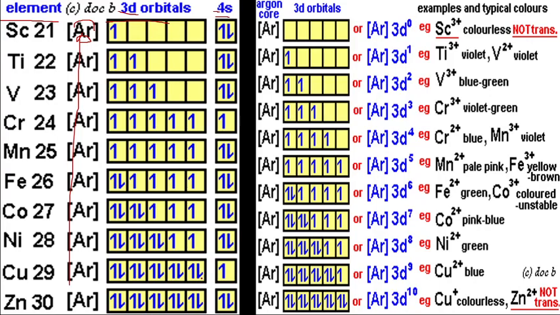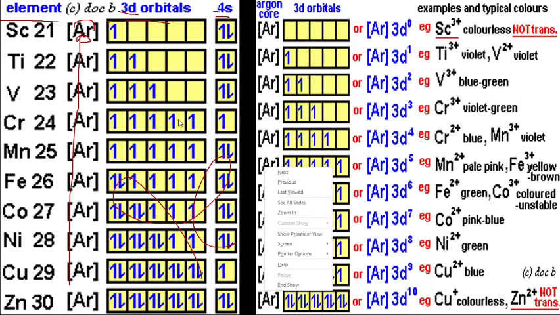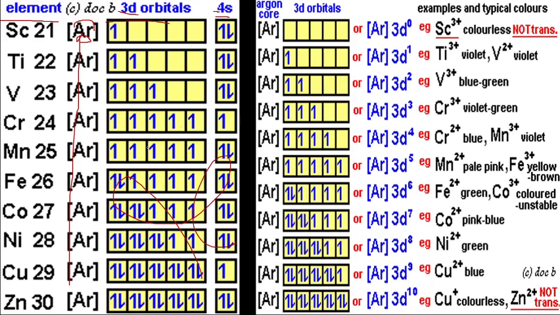I want you to know that for the first 20 elements, the principle of excitation to achieve the most stable electronic configuration is not applied. But in the case of the first transition series, something changed entirely.